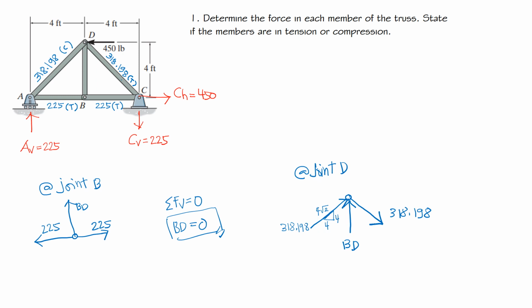So summation of forces vertical is equal to 0, setting going up as positive. So there are 3 forces that we will be considering. First is the vertical component of this force, this vertical member BD, and the vertical component of this force as well. So let's start from here. So since this is going up, this becomes positive.